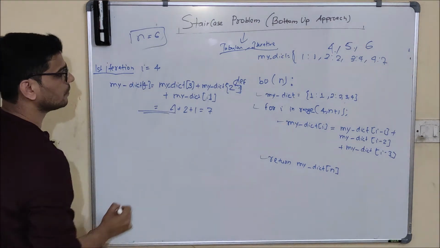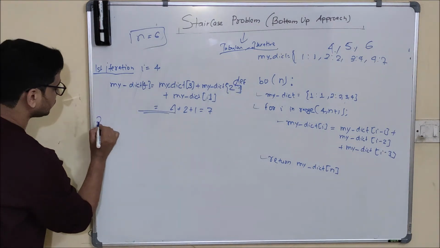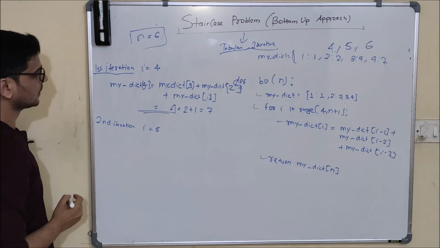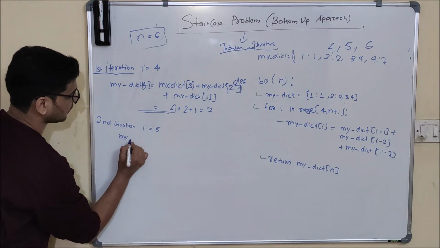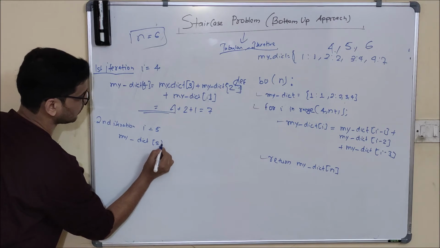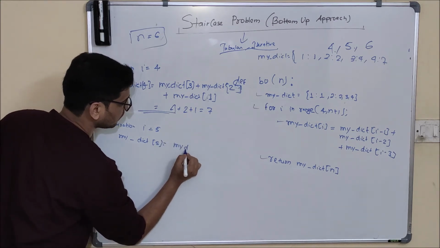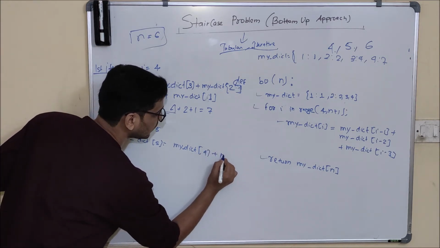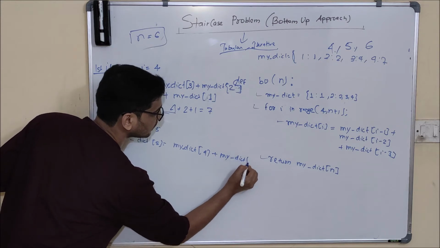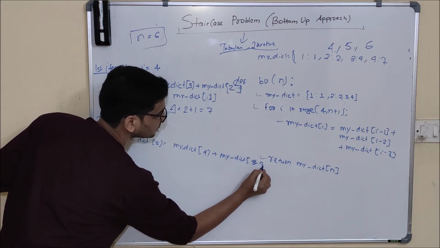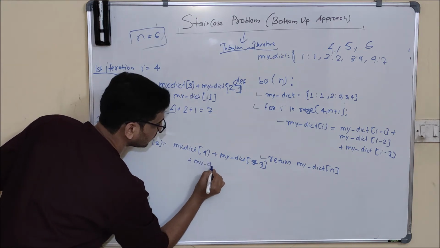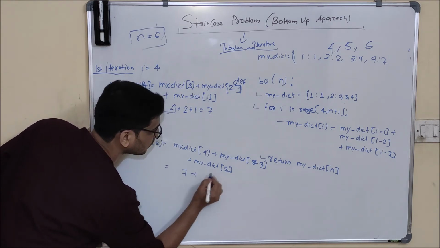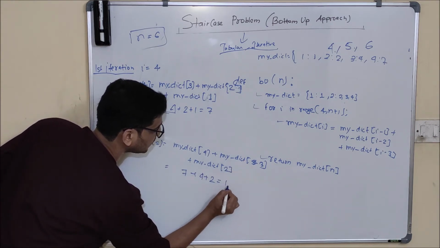So this is what will happen in first iteration. In second iteration, i will be equal to 5 and I will calculate my dict of 5, which will be equal to my dict of 5 minus 1, that is 4, plus my dict of 5 minus 2, that is 3, plus my dict of 5 minus 3, that is 2, that is 7 plus 4 plus 2, that is 30.